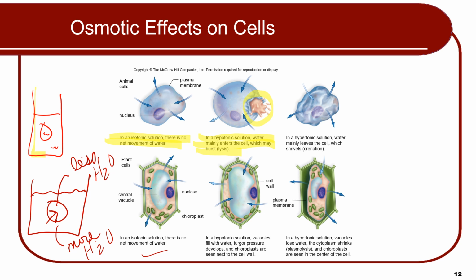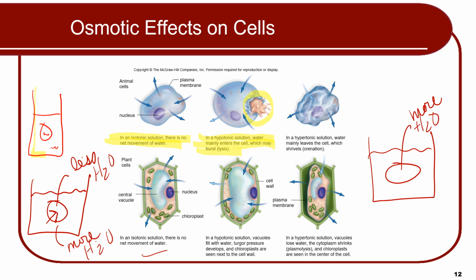Suppose you did the other way, where you put a cell in a solution where there was more water inside of the cell than outside of the cell. In this case, this is called a hypertonic solution.